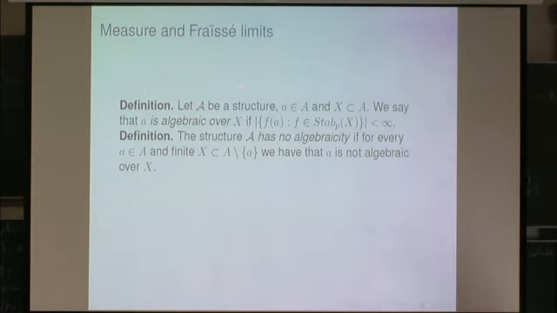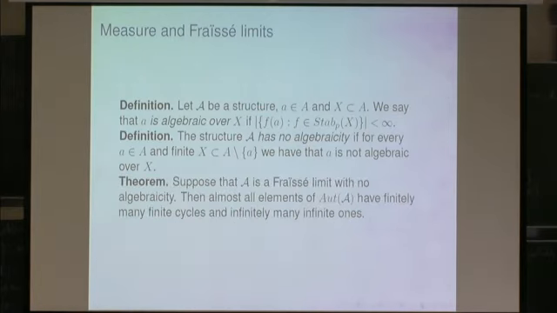So this means that there is some sort of connection between A and X. And we say that the structure has no algebraicity if this does not happen except for the trivial cases. So if A is not in X and X is finite, there is no algebraicity between them.